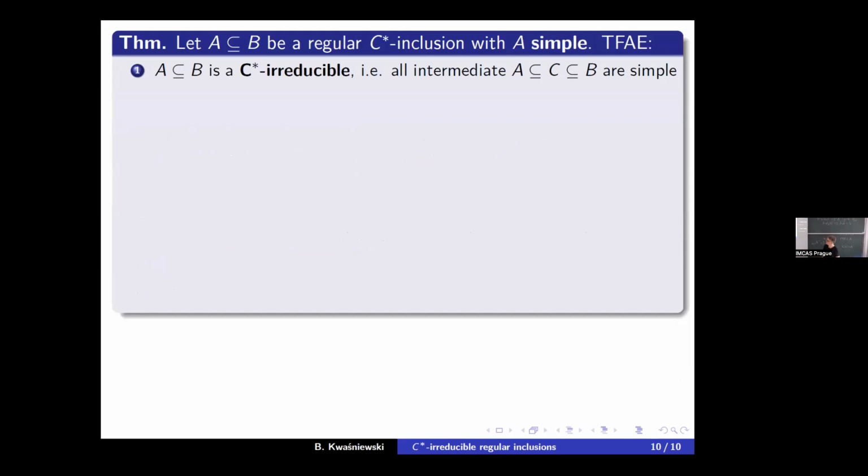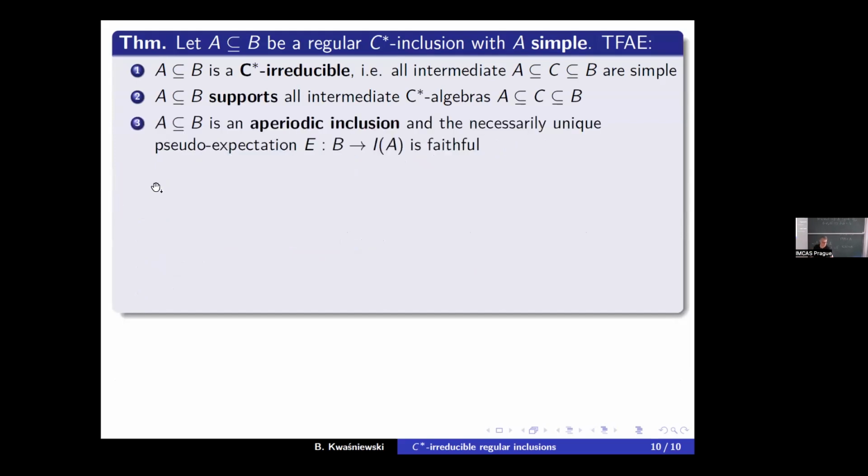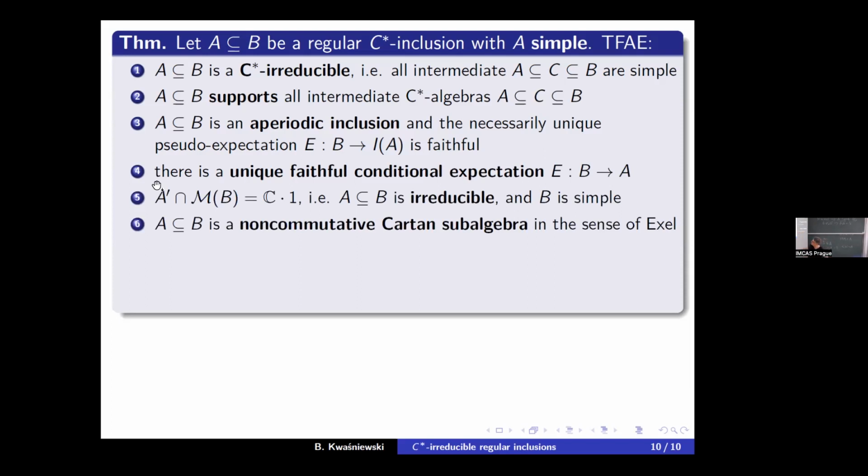So the inclusion is C*-irreducible. A supports all intermediate C*-algebras. So this is a stronger property than detection of ideals. A is an aperiodic inclusion, and the necessarily unique pseudo-expectation is faithful. This necessarily unique pseudo-expectation is in fact a genuine conditional expectation. We have this irreducibility plus B simple.